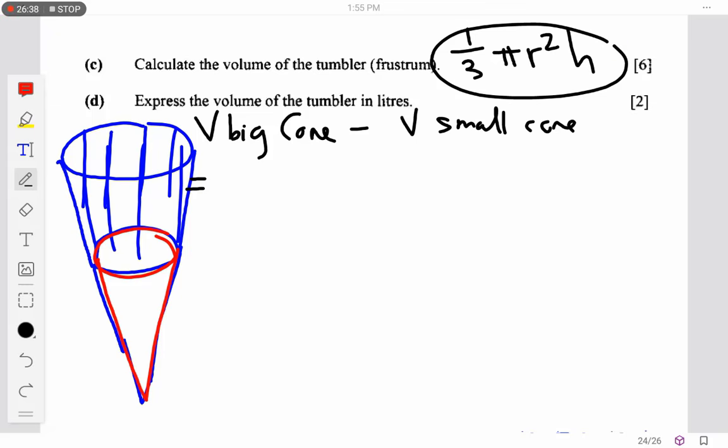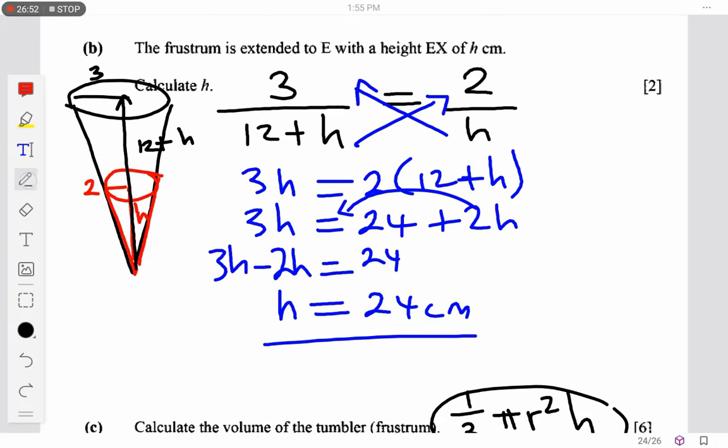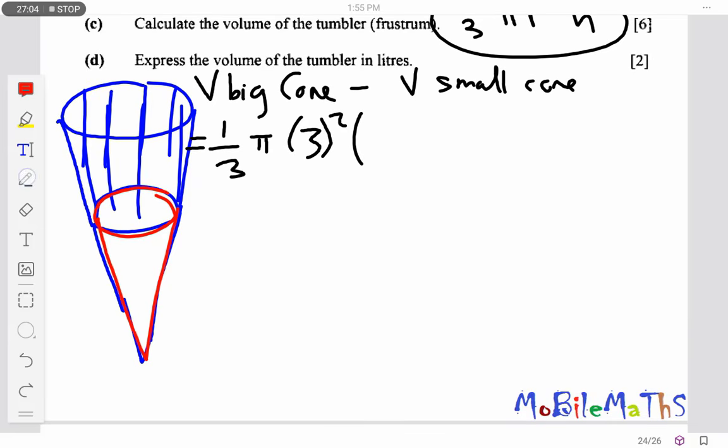So now substituting with what I have, I've got 1 over 3 pi r for the bigger one was 3, so I'll say 3 squared. My h for the bigger one was, from the previous question, 12 plus h. So it's going to be 12 plus 24, that will give me 36 there. Okay, so I will say here by 36.